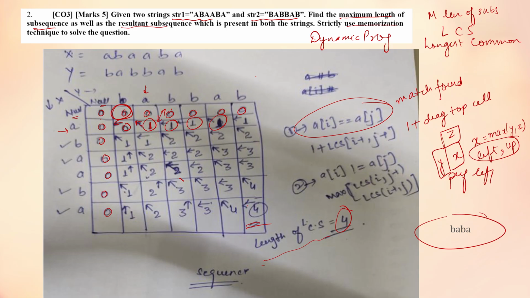How? Let's see the movement with the help of a yellow pen. So 4, 4, 3, 2, 2, 1.